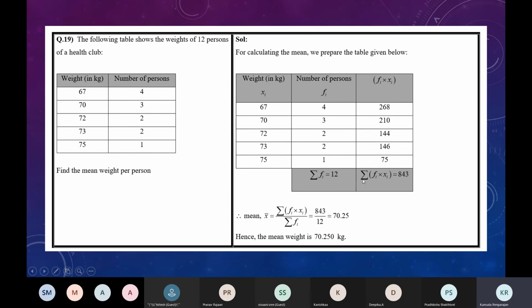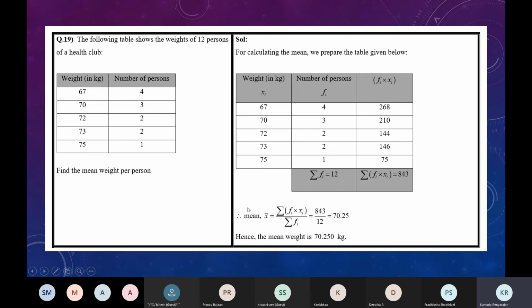When you write sigma Fi Xi, it means it's a total of the Fi Xi column, also called summation Fi Xi. So add all these numbers, 843.